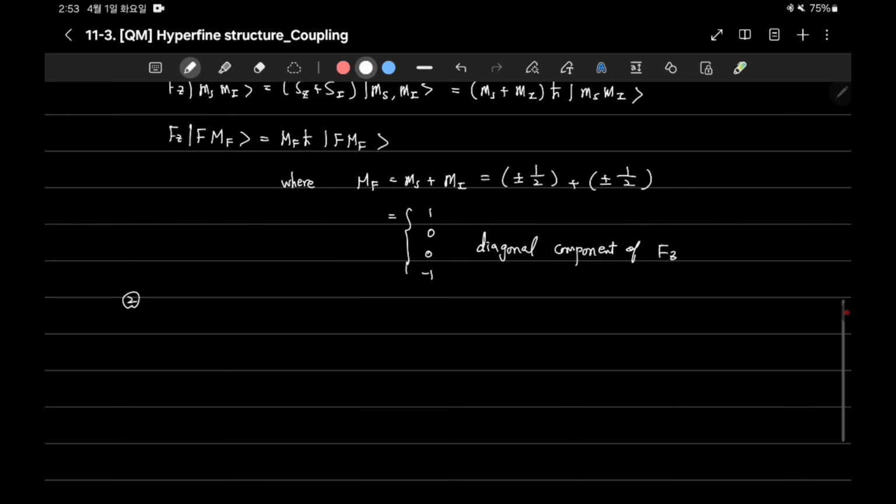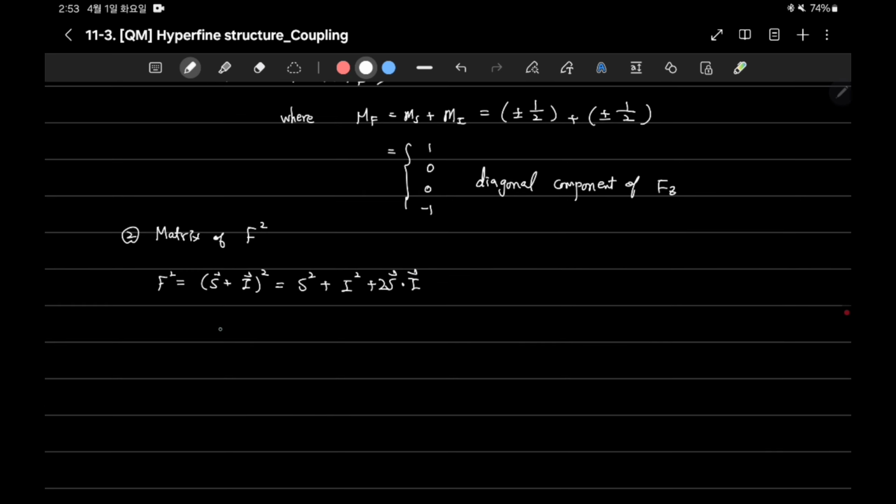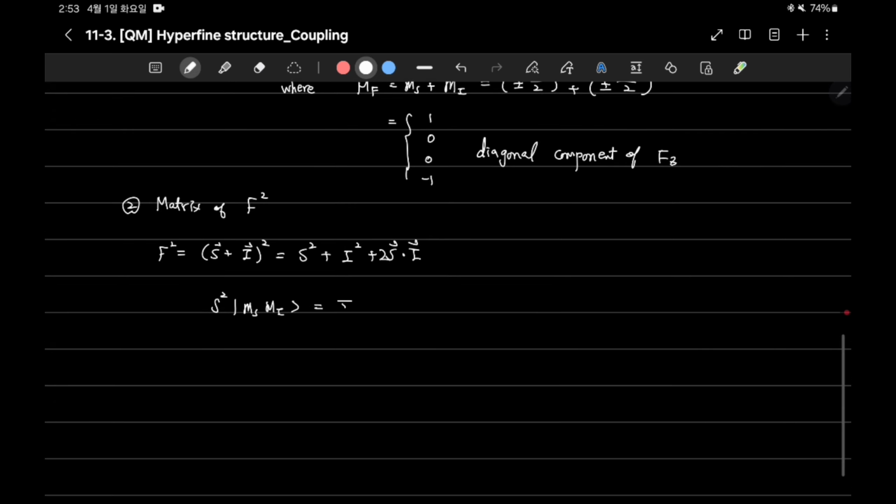Secondly, let's consider the matrix of F square. F square means S plus I squared, which is S square plus I square plus 2 times S dot I. We already know that S square acting on MS MI gives 3/4 h bar square MS MI.